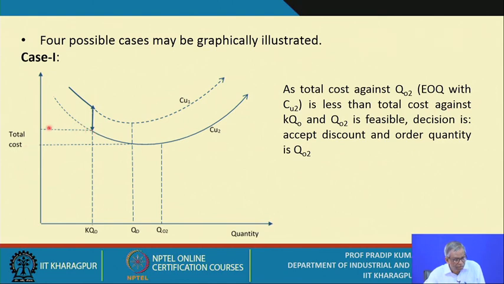So for KQ0, the total cost is this. Whereas if you traverse on this path, you get an order quantity Q02, which is the minimum. And Q02 is feasible. Decision is accept the discount and order quantity is Q02. It's clear?